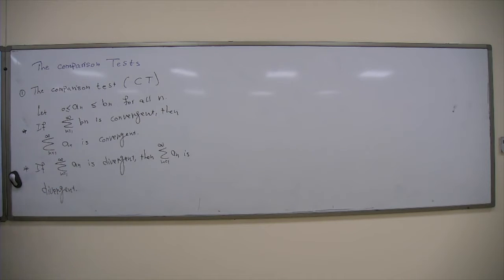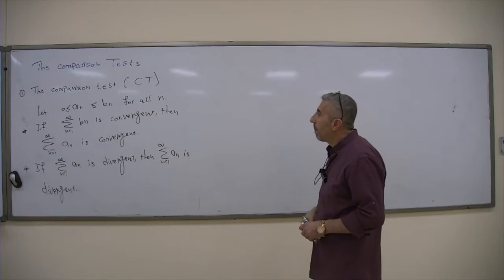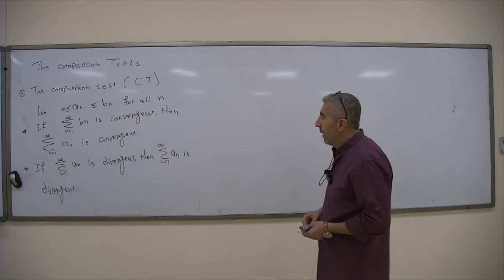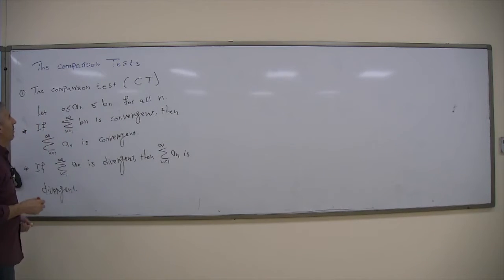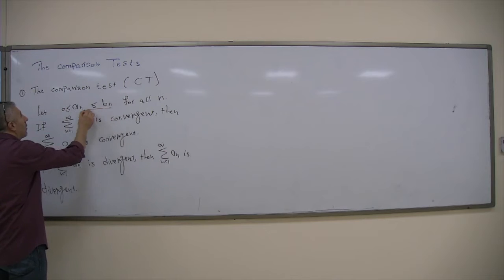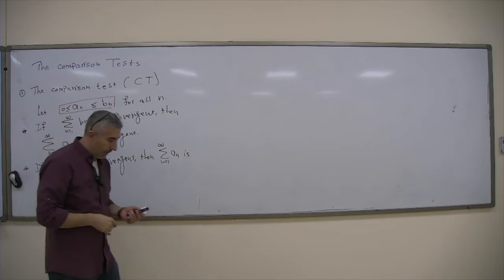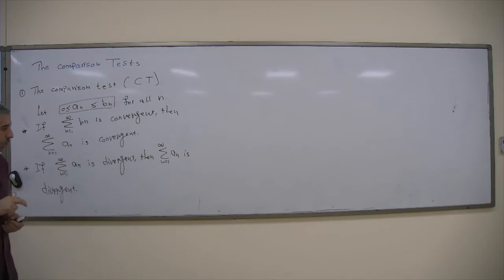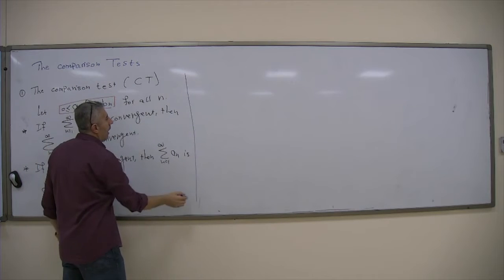Well, it looks very simple, and indeed it is. The only idea that you need to think about seriously here is how you make the comparison. Okay? So I'll come back to explain this further and to give a rough proof of this test. But let's take an example to see how to handle that.